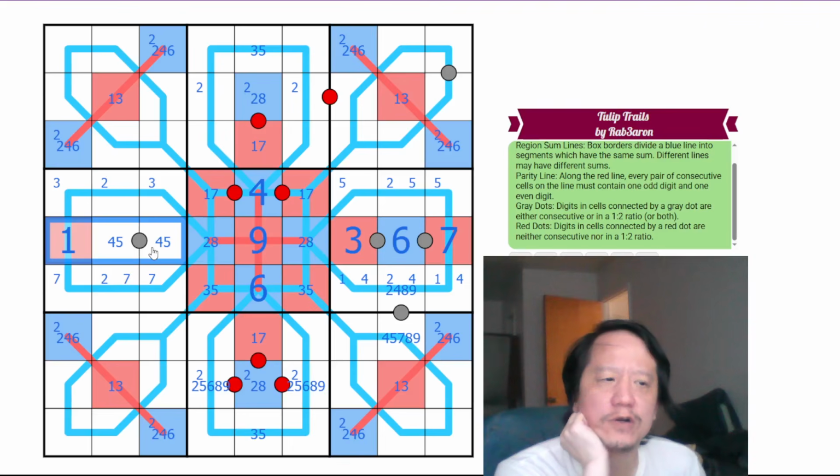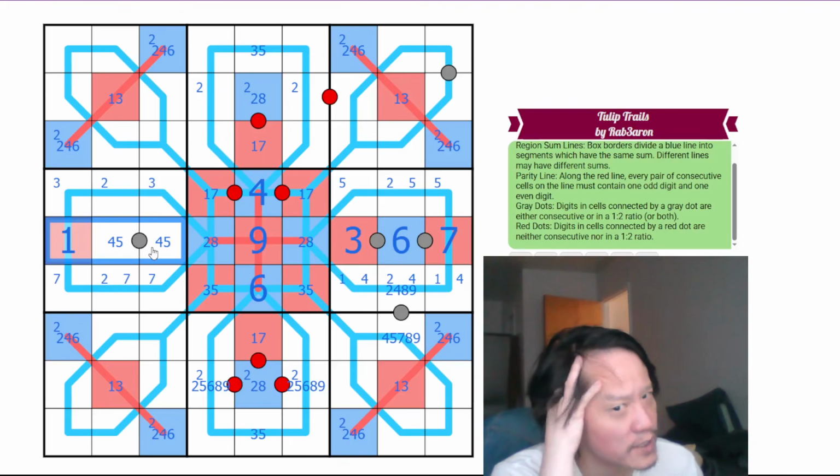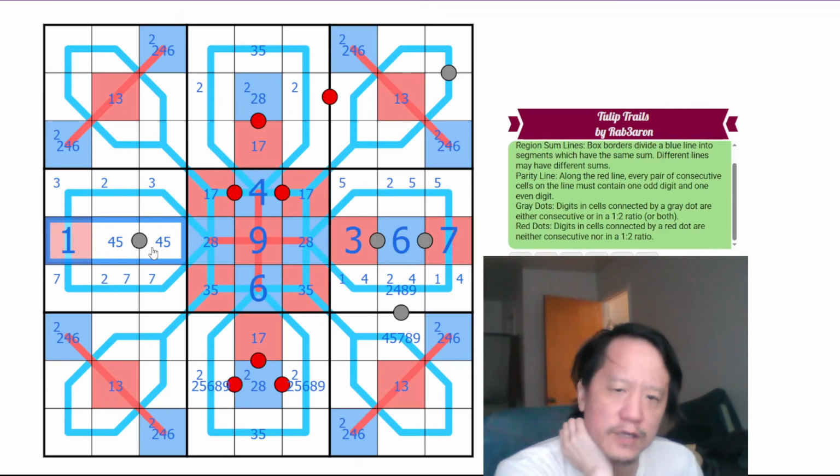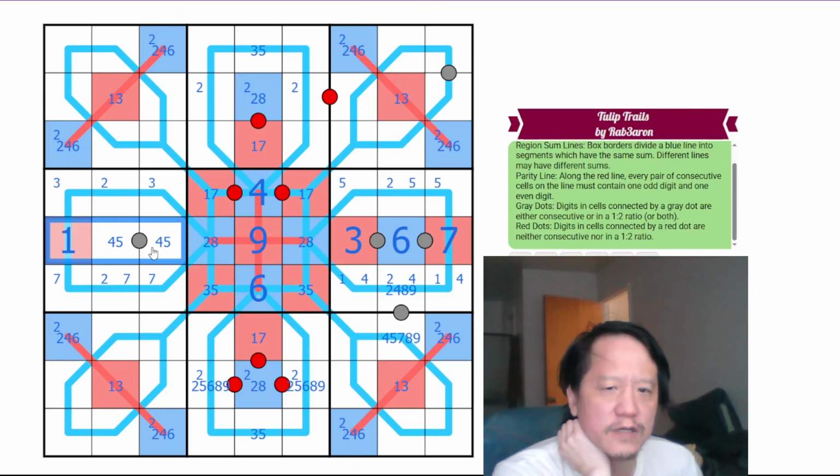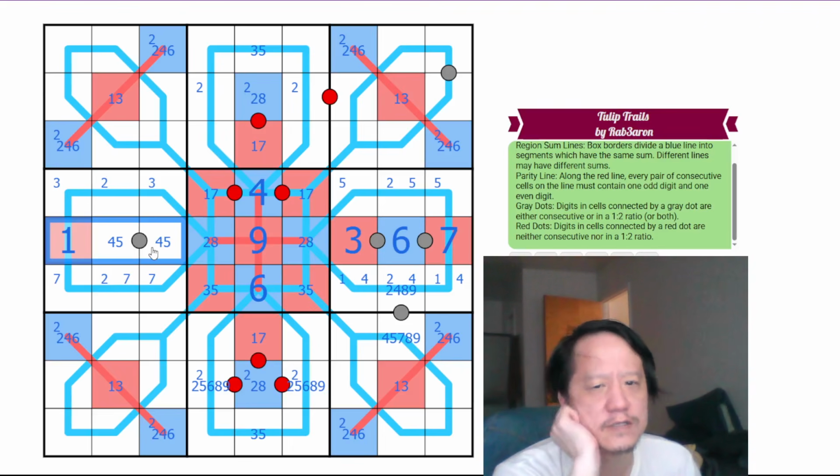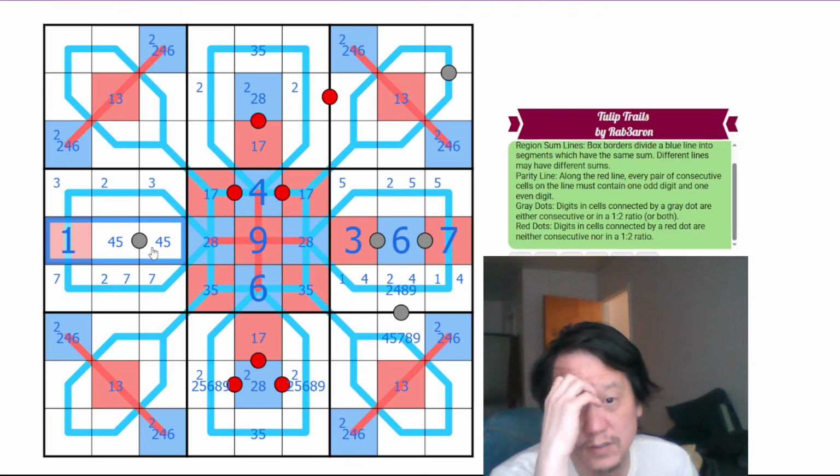2 and 4 are in a 1 to 2 ratio. 4 is consecutive with 5 and in a 1 to 2 ratio with 8. 8's consecutive, it's in 1 to 2 ratio with 4, and it's consecutive with 7 or 9, and 9's consecutive with 8.